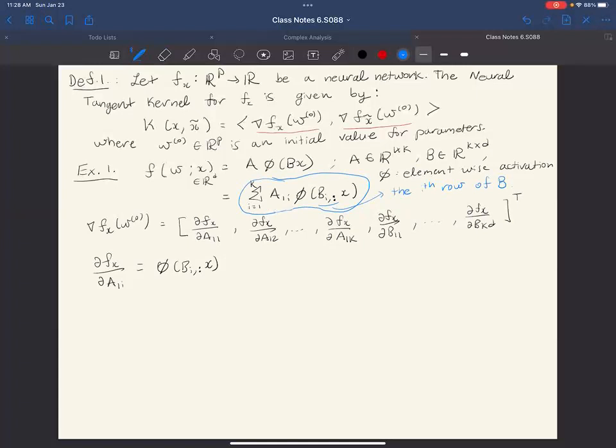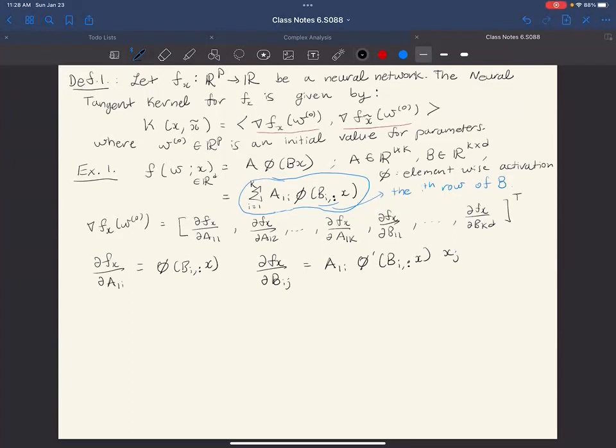And now if I do partial f of x with respect to partial b, let's call it ij, well, this is just going to be a1i. It has to correspond to the a1i term because I have an i in bij. Then I take phi prime of bi colon x. And now via the chain rule, I just have to take the jth coordinate here. So this would be the jth coordinate of x.